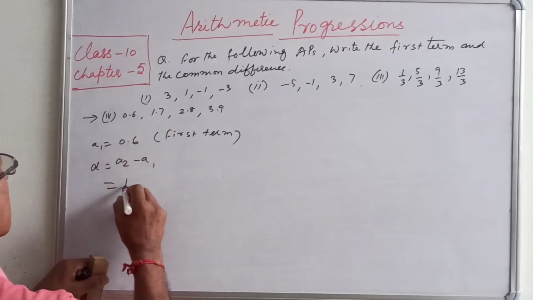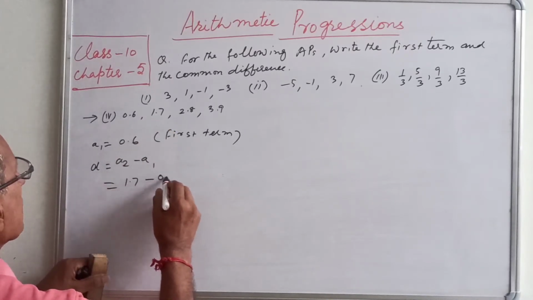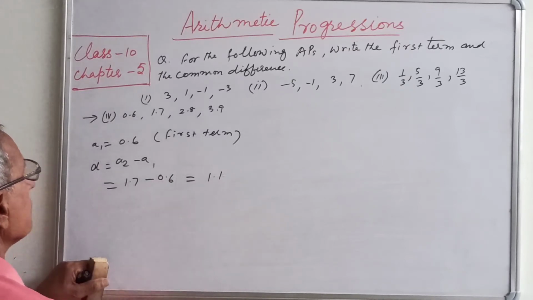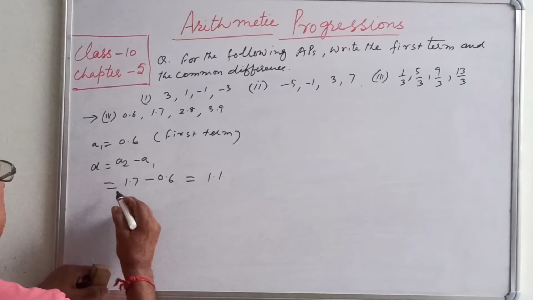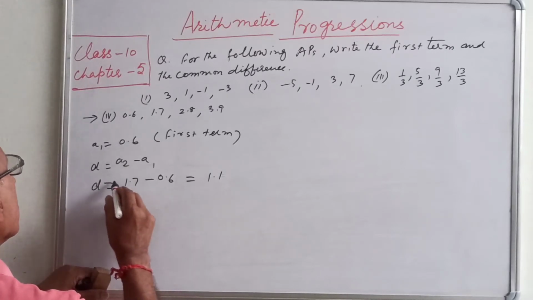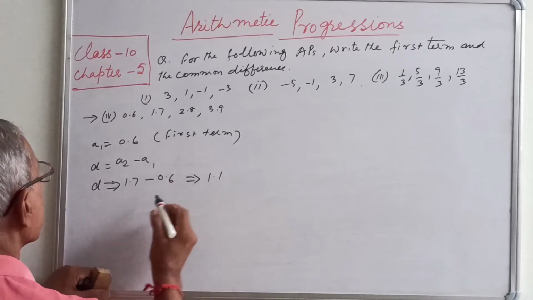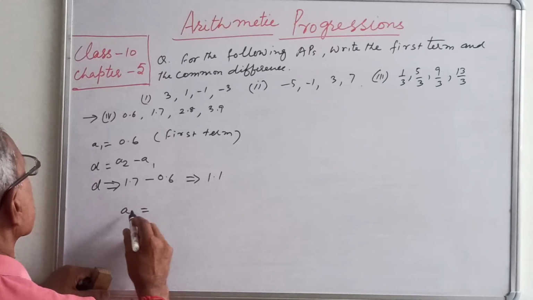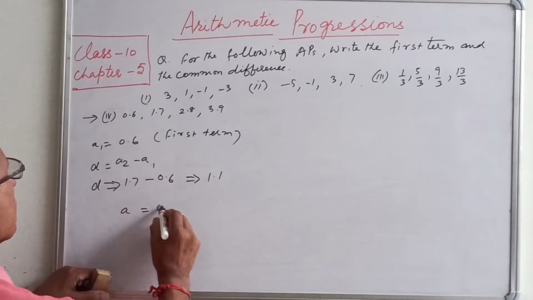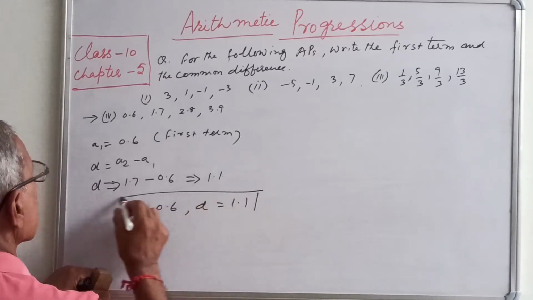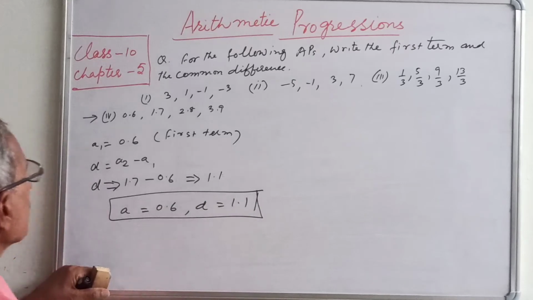So that is 1.7 minus 0.6. So that will be 1.1. So therefore d is 1.1. The first term is 0.6 and d is equal to 1.1. So that is the answer for the fourth part.